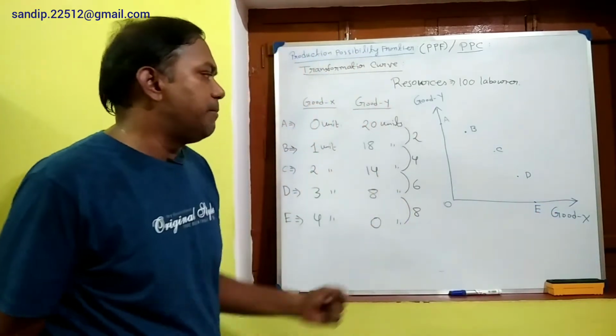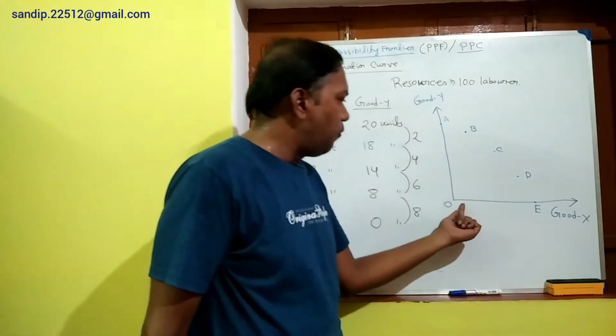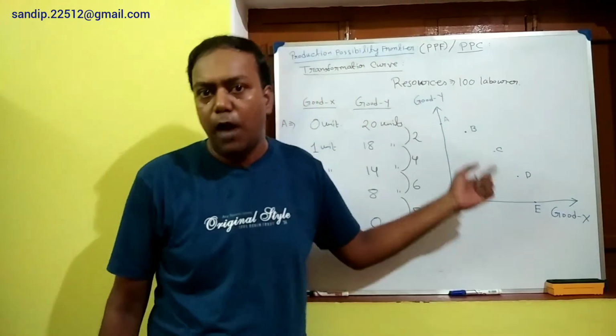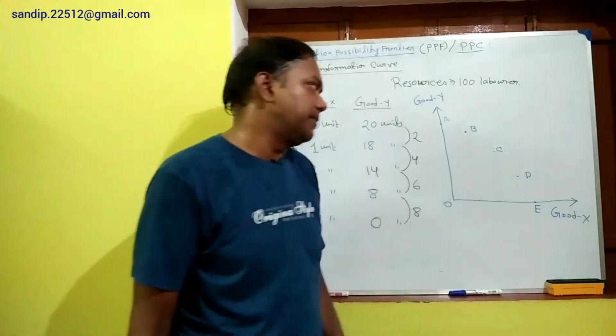So these are the 5 combinations where the production of one good is increasing and the production of another commodity is decreasing.